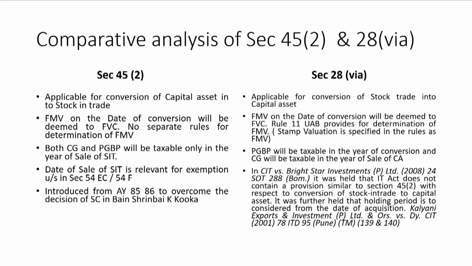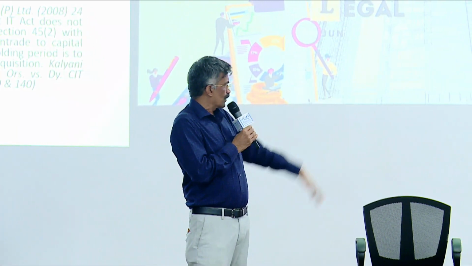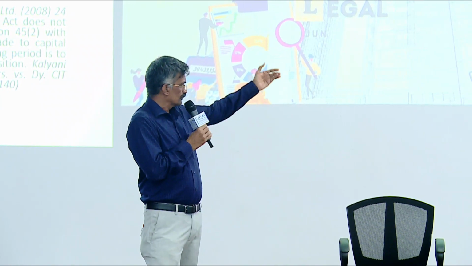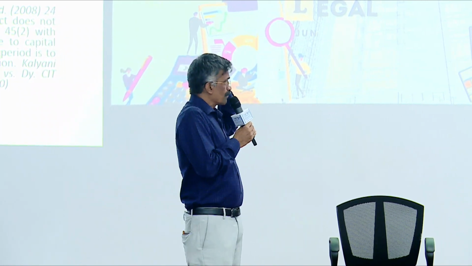Immediately on conversion, you will suffer income under the head profits and gains from business or profession. The difference between your cost and the stamp value will be considered as your business income. The decision which was overcome here was the Bright Star Investment decision of the Bombay High Court, where since you didn't have a similar provision, a liberal stand was taken.